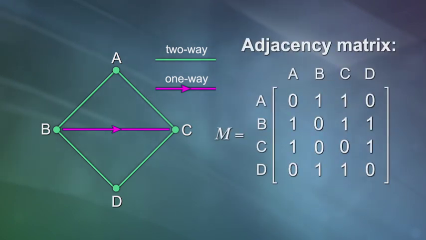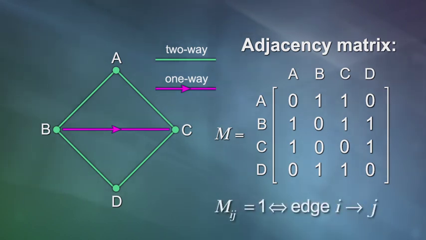It's convenient to represent this network and its connections using an adjacency matrix M, which is a matrix of zeros and ones. An entry in this matrix, M sub ij, is 1 if and only if there's an edge going from i to j in the network. You can see in this example the matrix M is a 4x4 matrix.